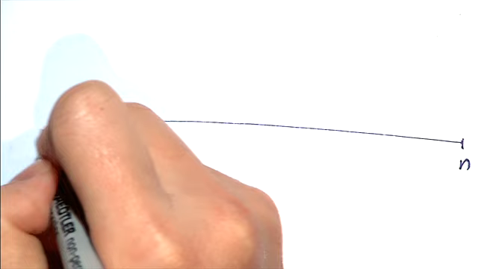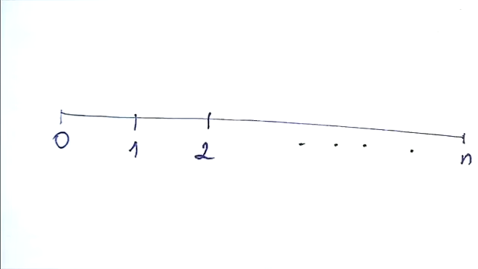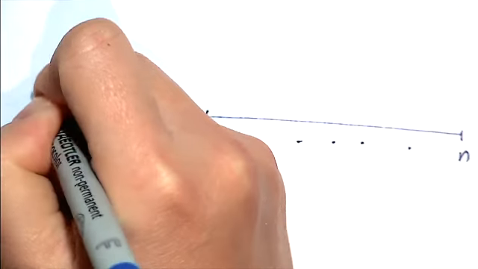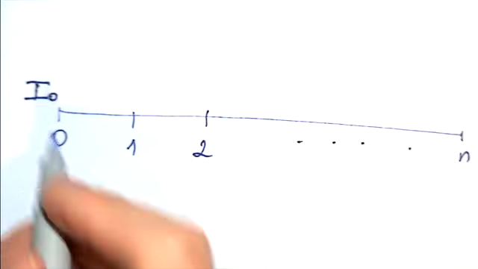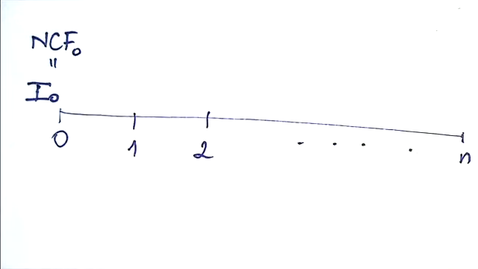N can be 5 years, 10 years, it doesn't matter, just put N. So from time 0, time 1, time 2, up to time N. At time 0, there will be an initial outlay at least. That's our outflow. Normally we just put I0, your initial outlay, and it is the same as net cash flow at time 0.